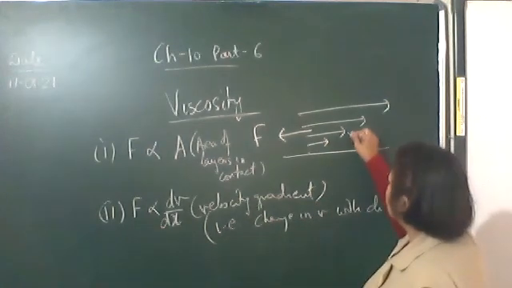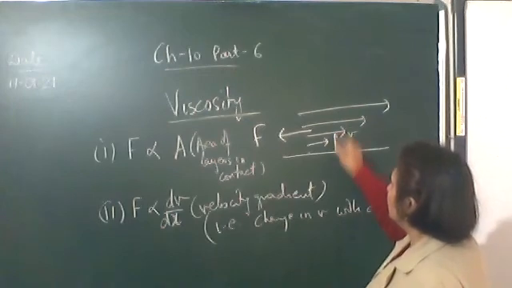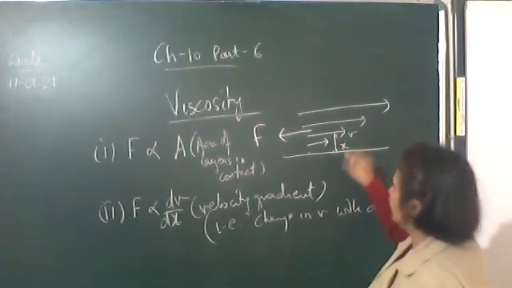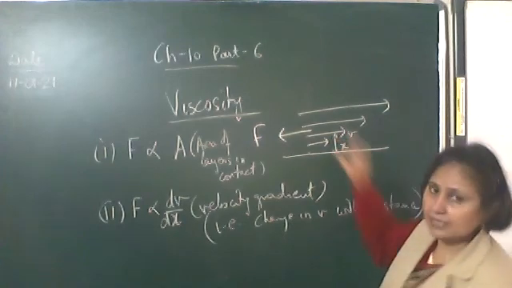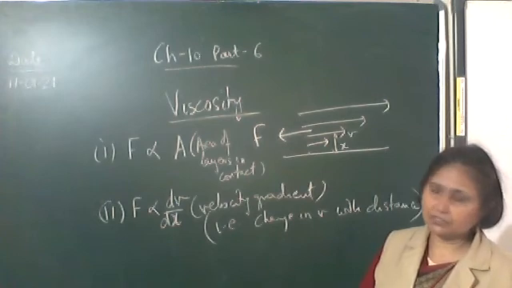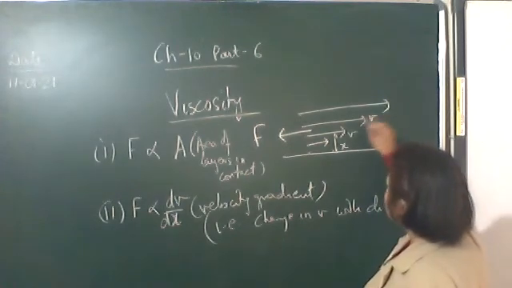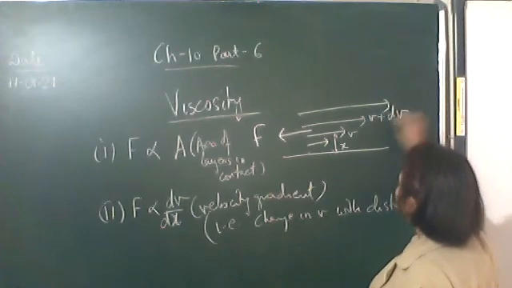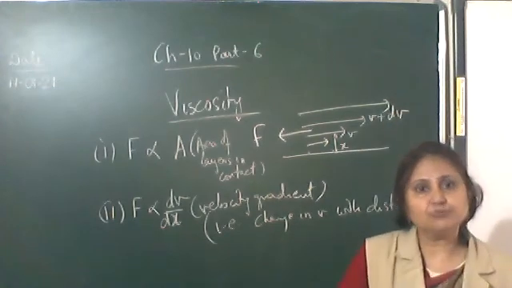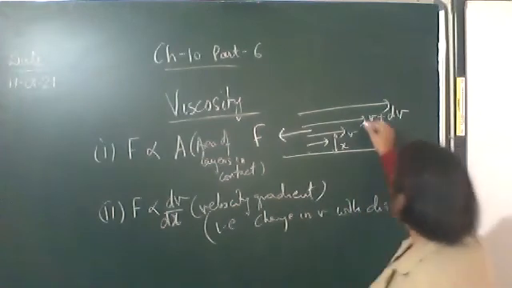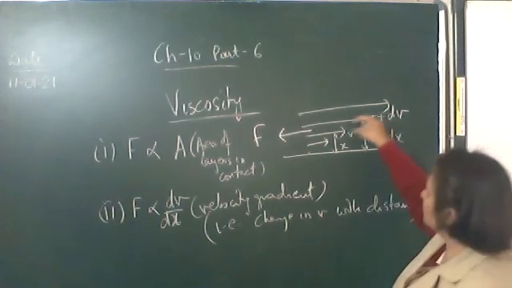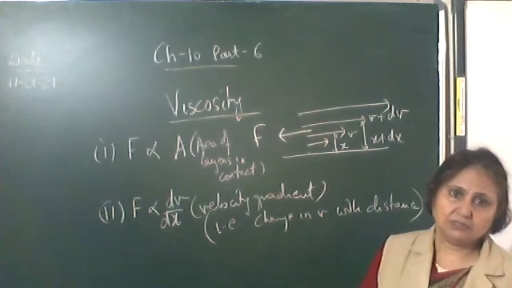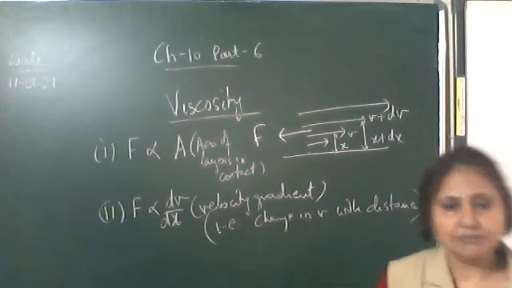Let's assume the layer at a distance x from the solid surface has a velocity v, and just above it, this layer has a little more velocity, v plus dv, at a distance x plus dx from the solid surface. So dv is the change in velocity with distance dx, and dv upon dx we call the velocity gradient.